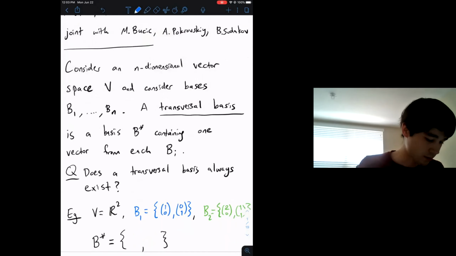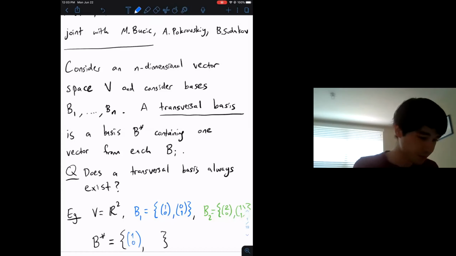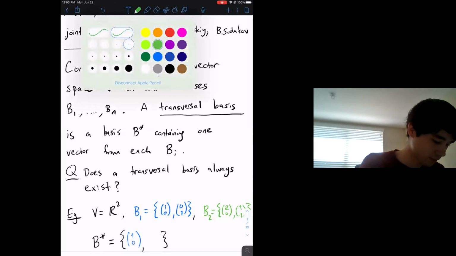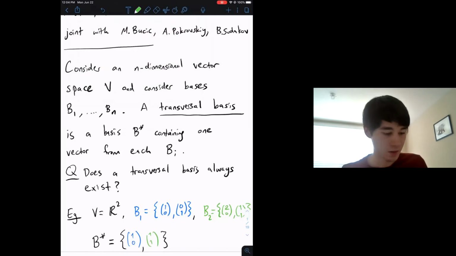Let me completely arbitrarily pick the first element of B1. And now if I want it to be a basis, the green element I choose better not be (2,0), because (2,0) would be dependent and it wouldn't be a basis. But I can choose (1,1). Okay, so I have a transversal basis.